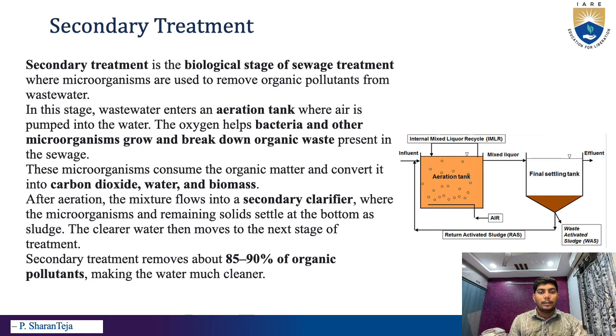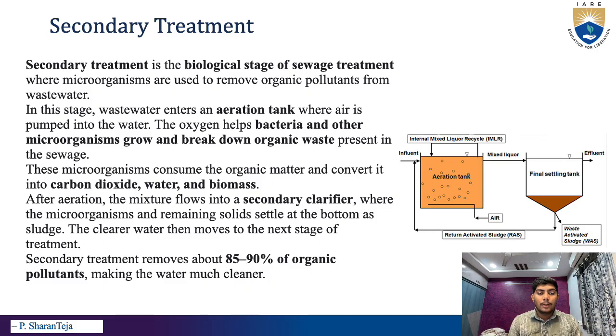Secondary treatment. Secondary treatment is the biological stage of sewage treatment, where microorganisms are used to remove organic pollutants from wastewater. In this stage, wastewater enters an aeration tank where air is pumped into the water. The oxygen helps bacteria and other microbes grow and break down organic waste present in the sewage.